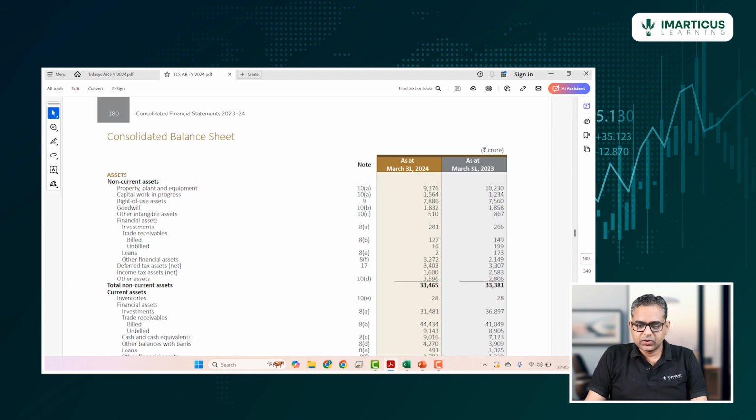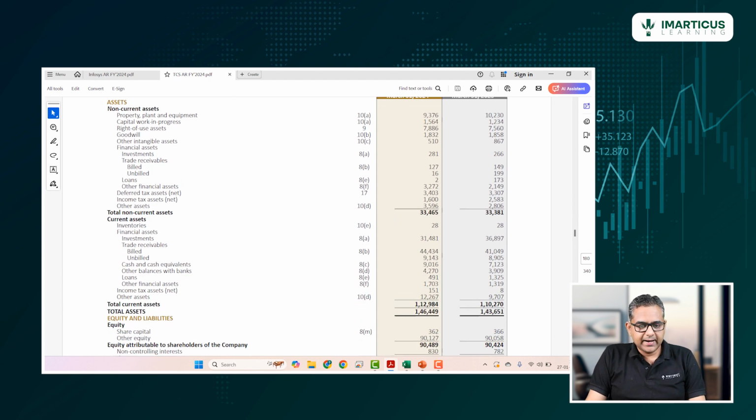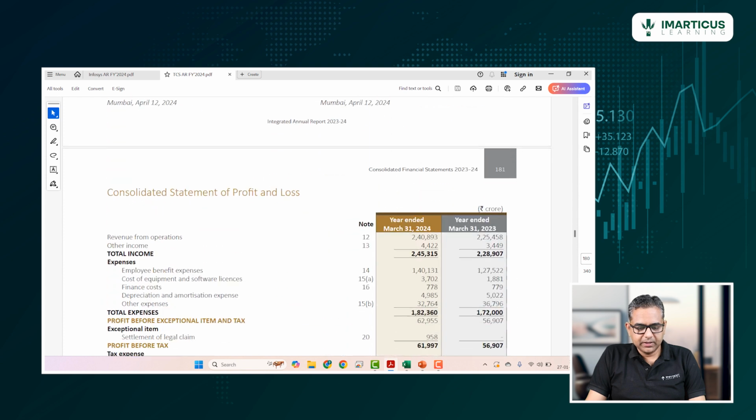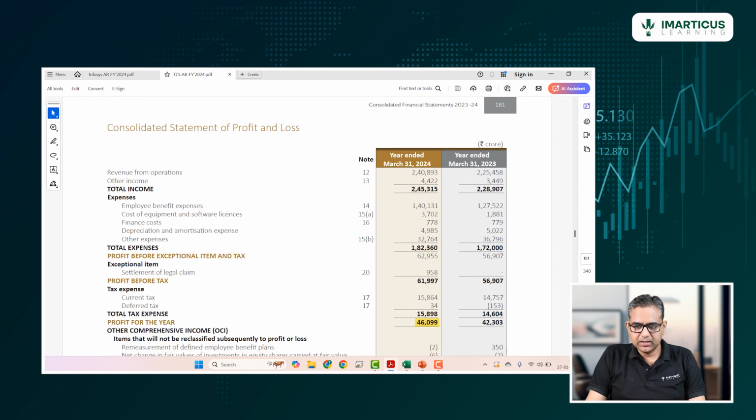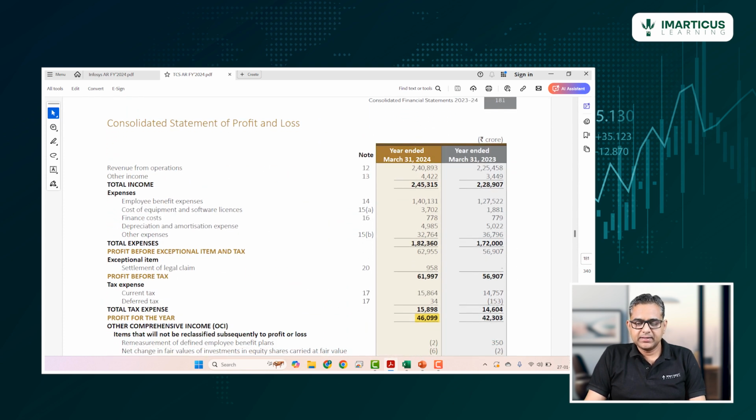So I'm looking at the consolidated financial data of TCS now, and let me go to the income statement. Here I can see that TCS has generated a profit of almost 46,100 crore for the year ending 2024.